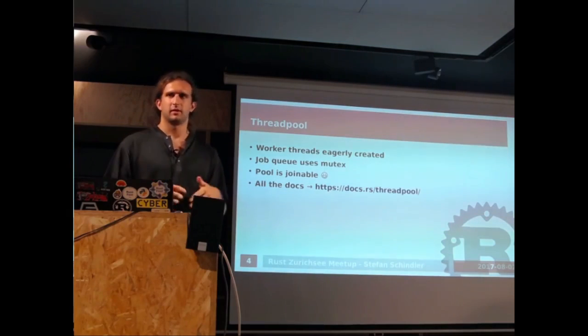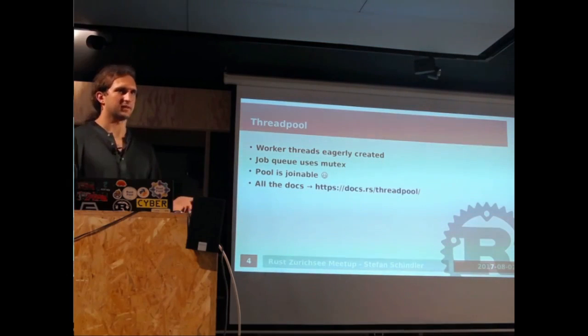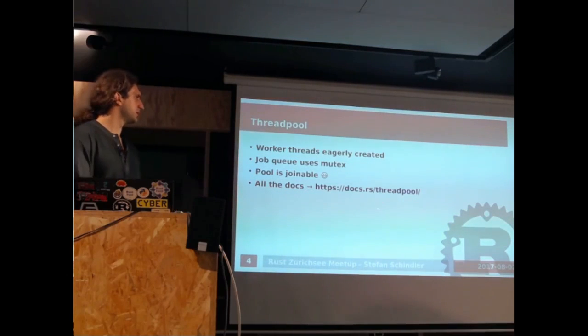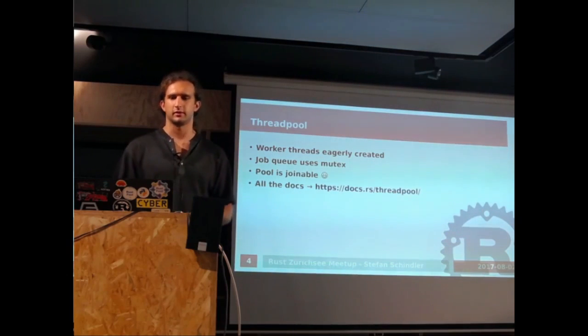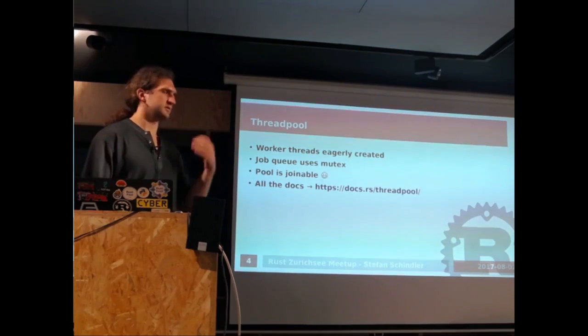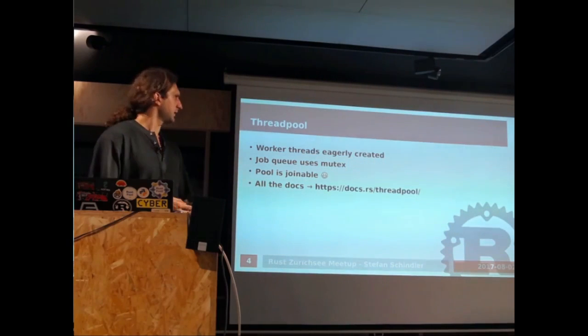Everything that builds on that platform will have its docs available with the scheme docs.rs/crate-name. And when you open this URL, you will be redirected to the latest version. You can have many versions of the documentation, compare stuff, and it's quite handy.